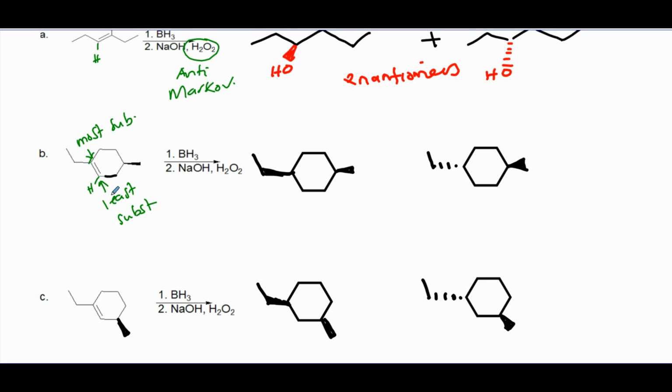You're adding from the same face, not going through a carbocation intermediate, no shifts. Syn addition. So the hydrogen comes here, and that means the OH should have the same bond, and it should be right there because it's Syn addition. Here we need the hydrogen to be opposite compared to the ethyl, so the hydrogen will be here and the OH will be there. Syn addition, anti-Markovnikov, no shifts, no carbocation intermediate.